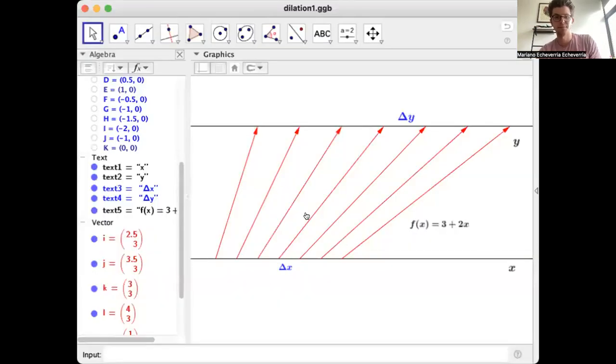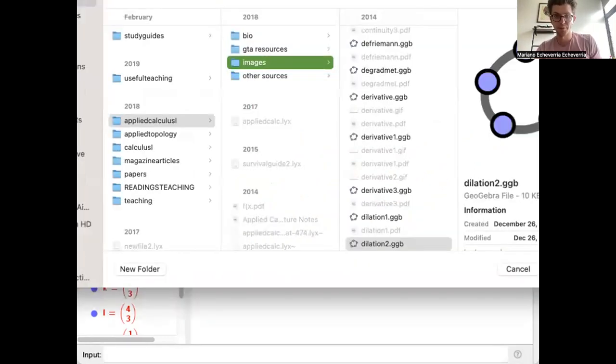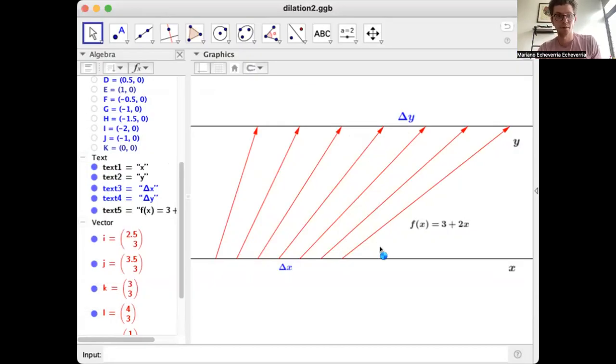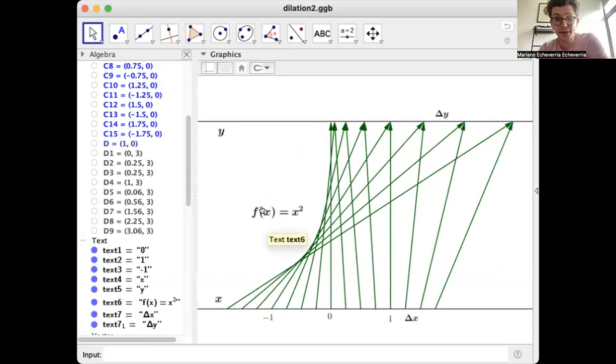This is what I was showing you before on the PDF. For this function, you have some values for delta x, and the output values are twice as big, because the derivative is 2. But you could have something more complicated like x squared, where the derivative, if you remember, is 2x.